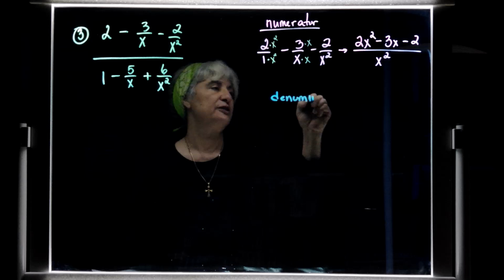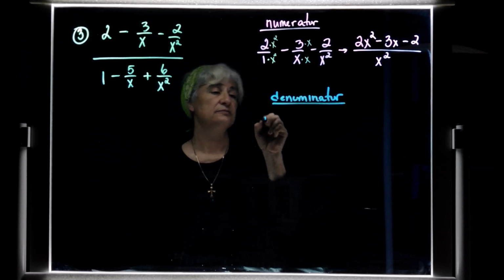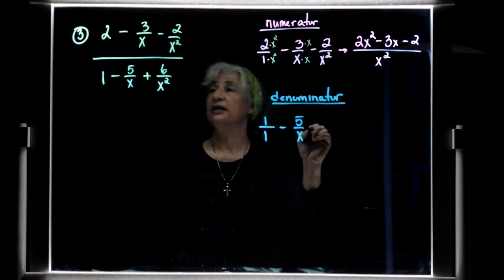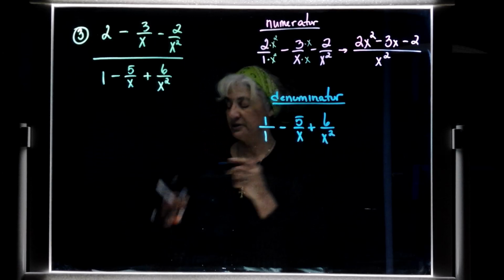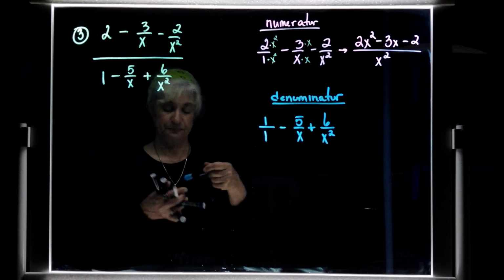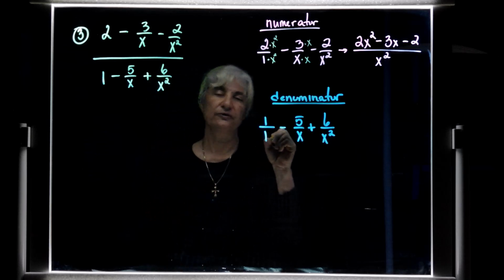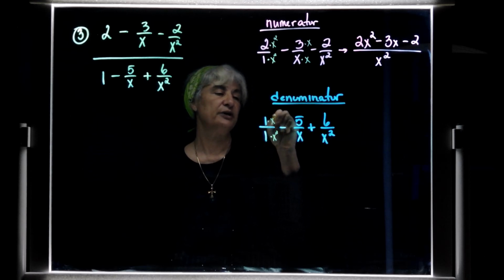Okay, so let's look at the denominator. We have 1 over 1, write it as a fraction, minus 5 over x plus 6 over x to the second power. Got it. What are you going to do? Common denominator, x squared. So the first fraction, multiply the numerator and denominator by x squared.